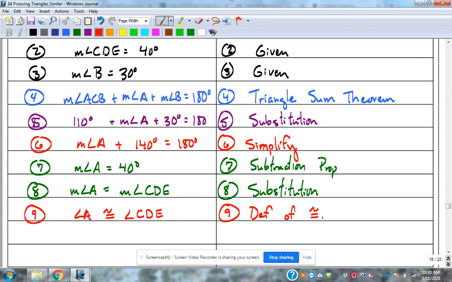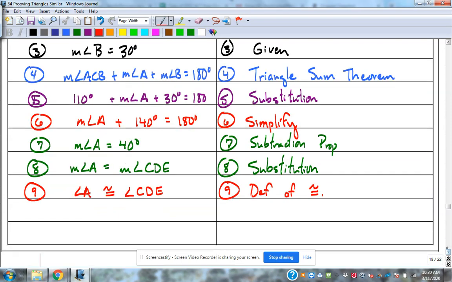We know it's there. It's obvious that that's the shared angle, but we've got to state it in our proof. So we're going to say that angle ACB, I'm going to name it from the triangles that I'm trying to get there, and then angle DCE.